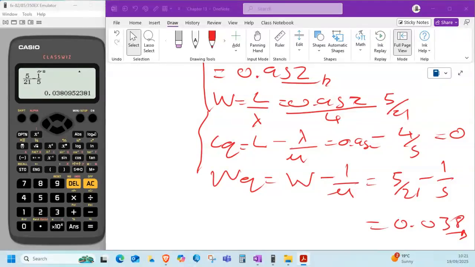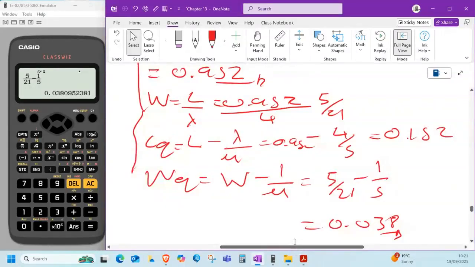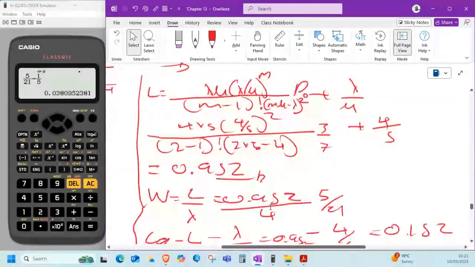Okay, I'll keep that in mind. Unless stated otherwise, let's stick to 3. Yes, 3 is safer. It maintains that level of accuracy as we are working, even on the previous questions. Yeah, you can do 3.